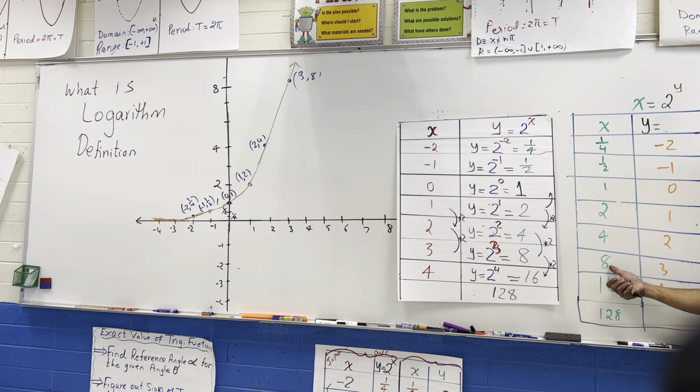Easy. Just remember over there, what did we do? We take the base and you ask a question: how many times do I multiply 2 to get to 8, right? And you said 3. 2 times 2 times 2, easy. How many times do I multiply 2 to get to 16? 4. Do you agree? How many times do I multiply 2 to get to 4?